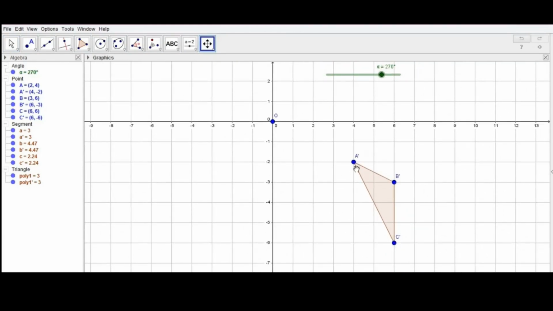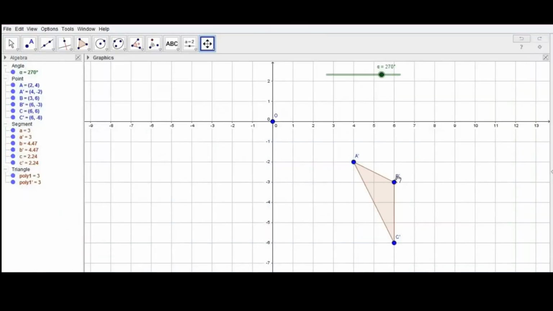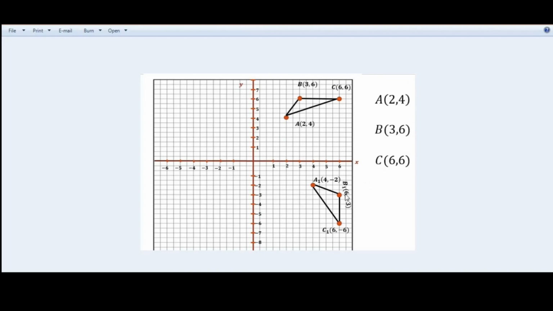So from the point A, the image point is positive 4 on the x-axis and negative 2 on the y-axis. Let's see if that was what we produced. So positive 4, negative 2. Let's go to the next point, point B. Point B produced positive 6 on the x-axis and negative 3 on the y-axis. So positive 6, negative 3.